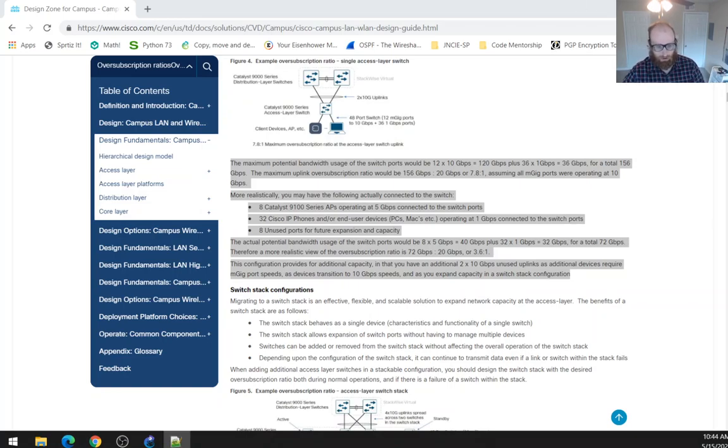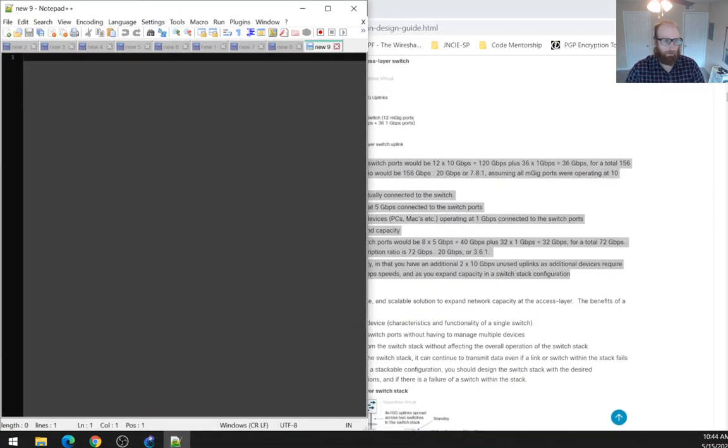The equation is, you want the bandwidth of edge ports to be less than the bandwidth of uplink ports. So that's the ultimate most important equation. Bandwidth of edge ports is less than the bandwidth of uplink ports.